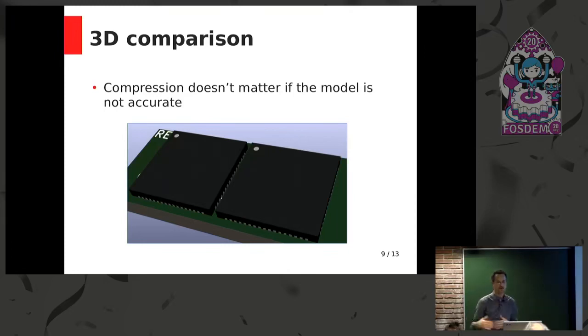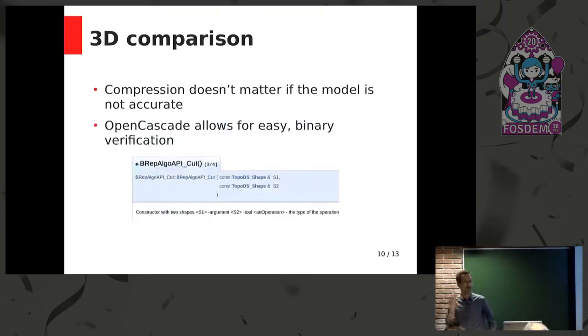So what do we do with the reduction code? We go back to Open Cascade. You just heard about all of the Boolean operators that Open Cascade supports on solid models. This is exactly what we need, because we take the original and load up our reduced one. If we get the same thing in Open Cascade, loading one file and the other, then if we subtract one from the other, we get zero. That's exactly what we do.